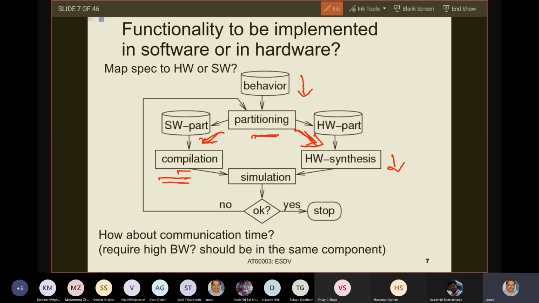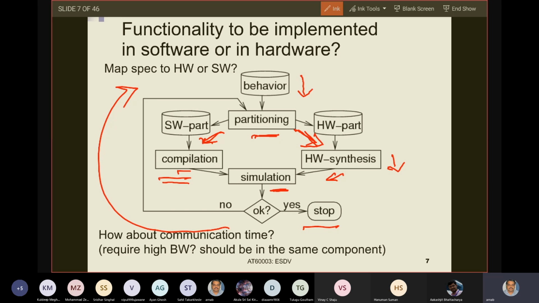For the software you compile, for the hardware you do a high level synthesis, and then you do a co-simulation to find out whether your performance requirements and the correctness are satisfied or not. If they're satisfied, you stop. Otherwise, you loop back and get a different partition.